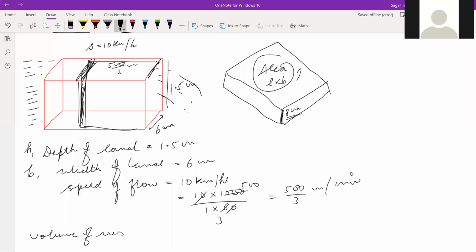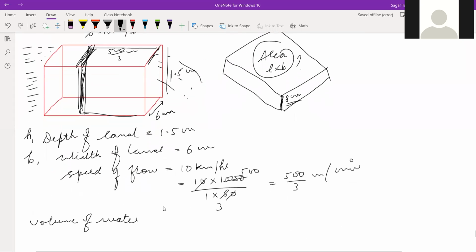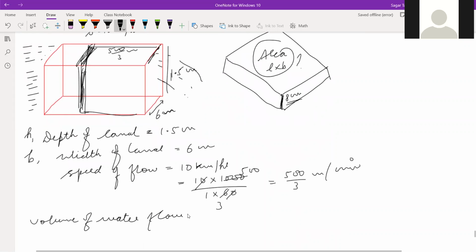So write: volume of water that flows to the field in 1 minute.